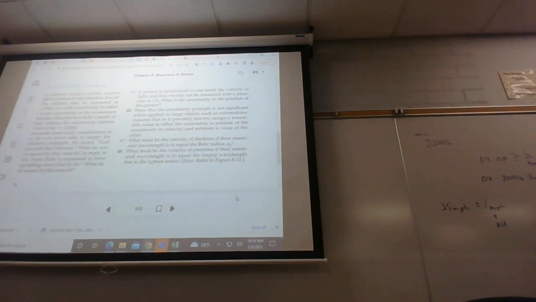miles to feet. There are 5,280 feet per mile. Then we're going to go feet to inches, 12 inches in a foot. Then inches to centimeters, 2.54 centimeters per inch. Then we're going to go from centimeters to meters, 1 meter equal to 100 centimeters.